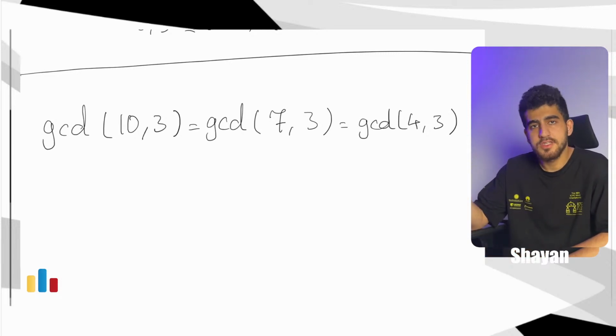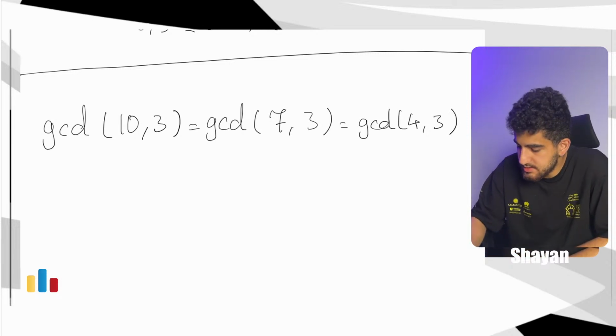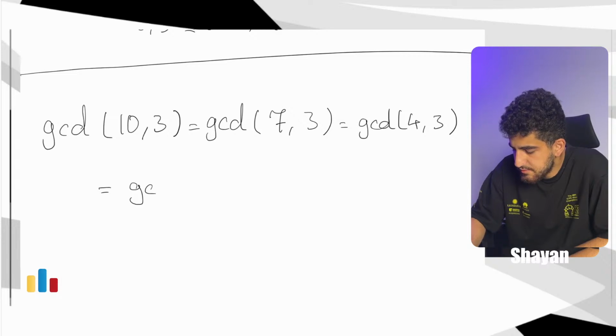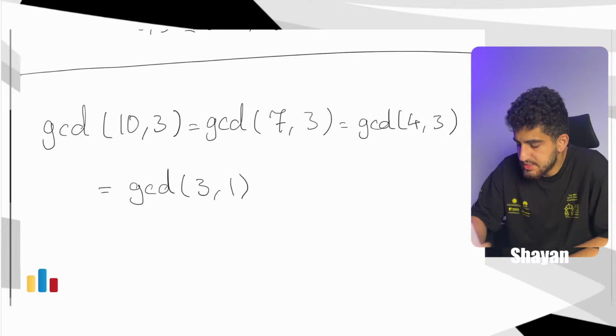But again, we don't need to stop here. We can apply it once again. GCD of 4 and 3 is equal to GCD of 1 and 3, or we can rearrange this and say GCD of 3 and 1.